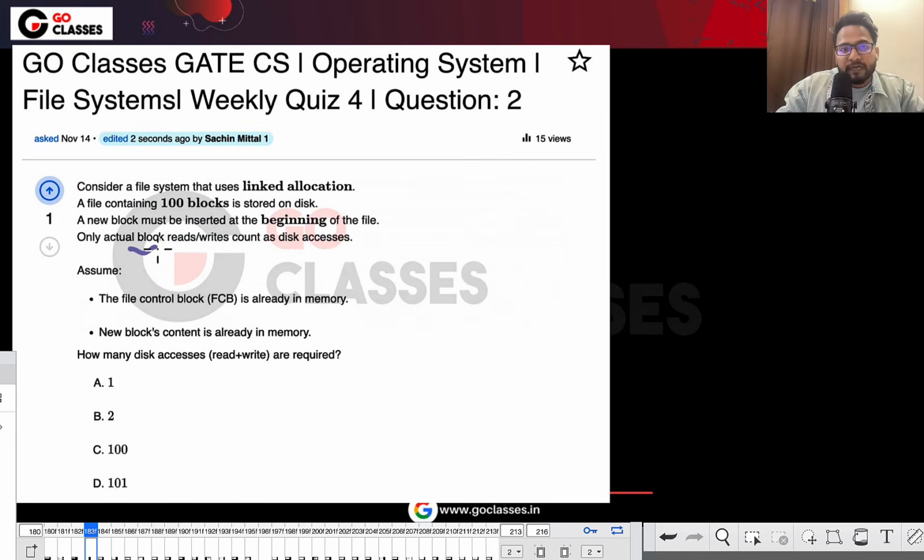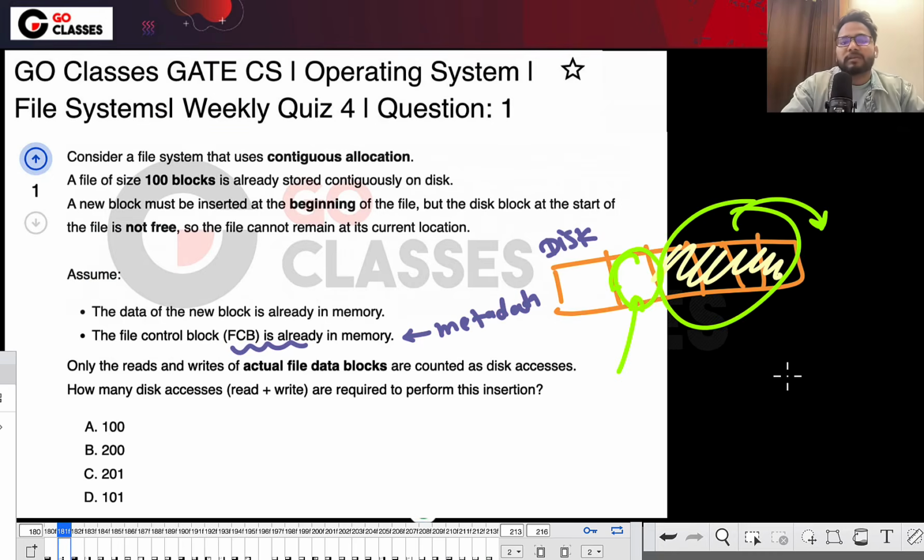I have written this line in all the questions, and even if it is not written, just assume it is the default assumption. We will count only the actual data blocks of the file, and the metadata or other adjustments we will not worry about in terms of disk access.